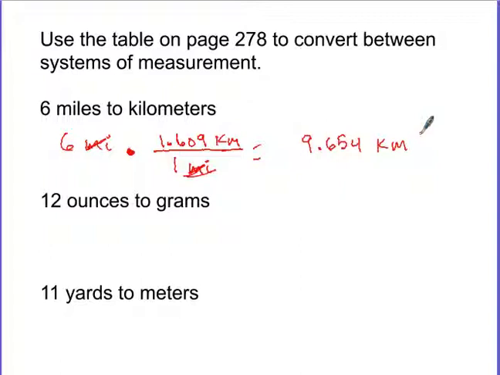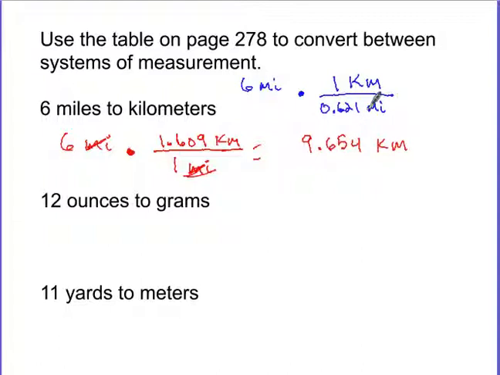Now for this part, I'm going to change colors here, we're going to do this another way. If I start with 6 miles, and I want to multiply it by a conversion factor, what happens if I put 1 kilometer on top? 1 kilometer is how many miles? 0.621.